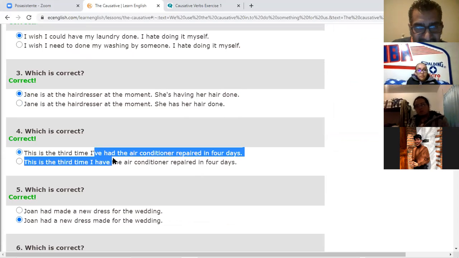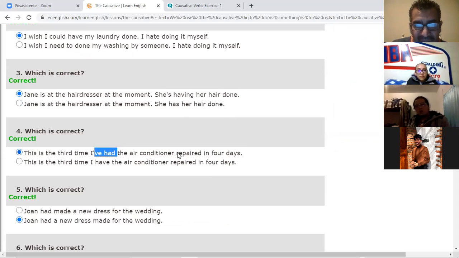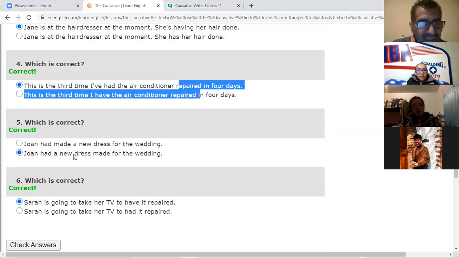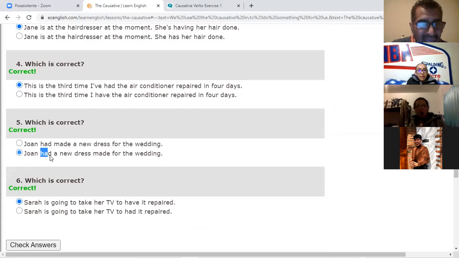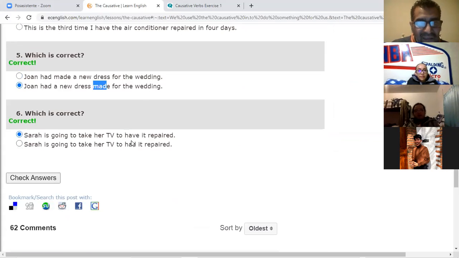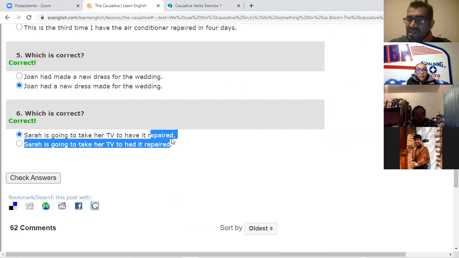I've had repaired. Have made. Have repaired. So there is always a combination. Any form of have, it can be present, it can be past, it can be progressive, any form of have, and the verb in past participle. That's always the combination, always.